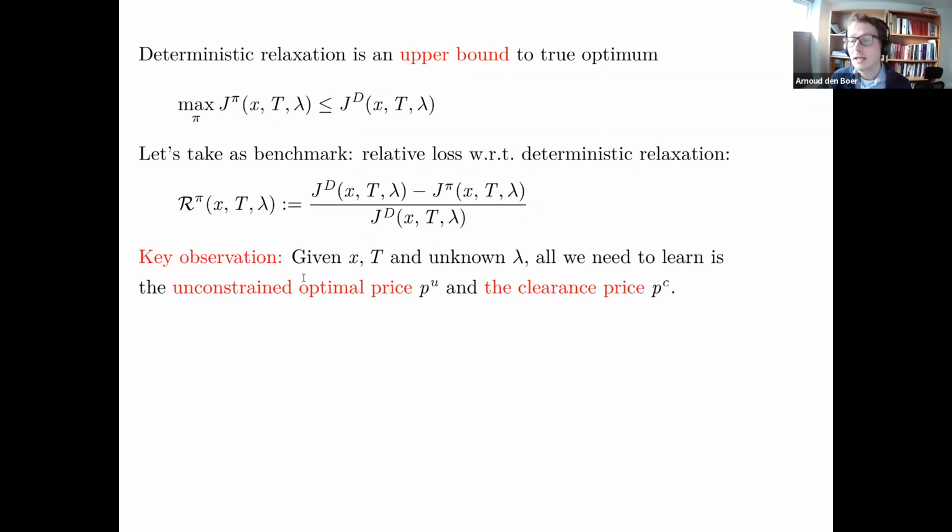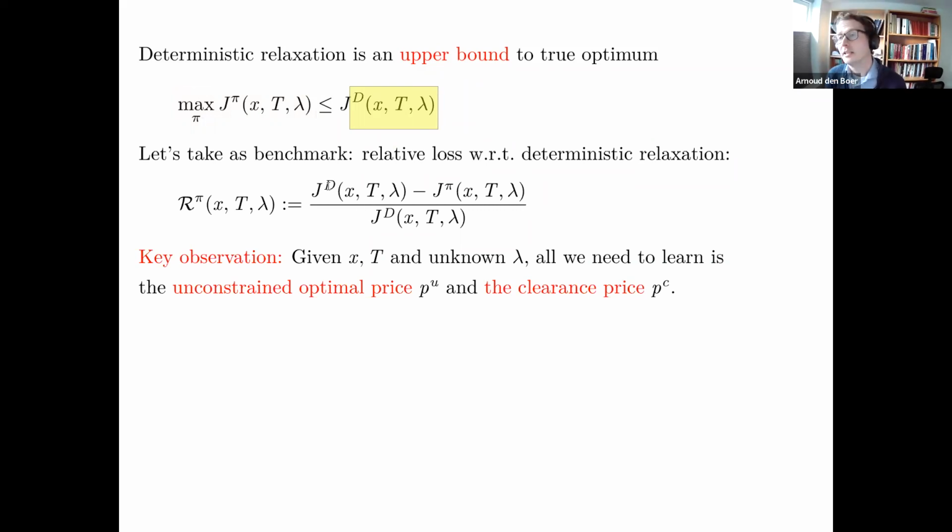Now, I said we want to define regret, and regret is complicated because this object here on the left, we don't know what it is. So what can we do? We just replace it by our deterministic upper bound, which is easy to compute.